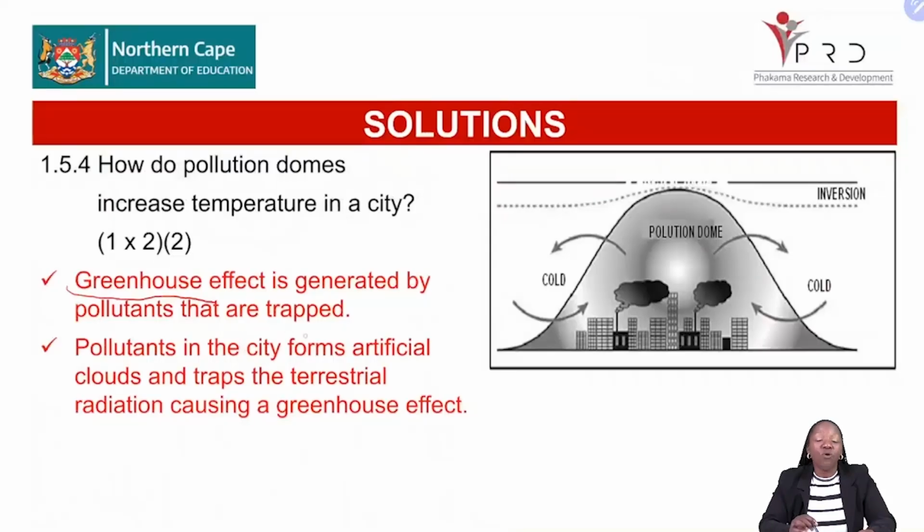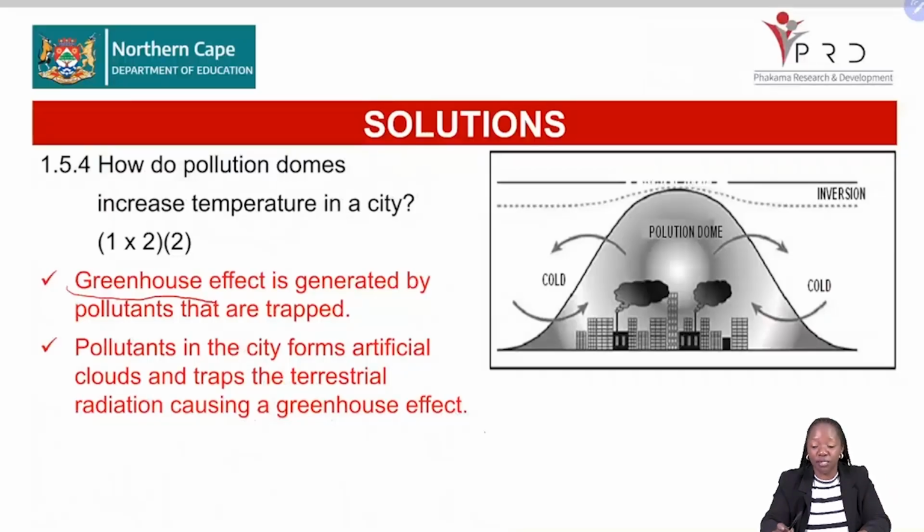Then secondly, the pollutants in the city form artificial clouds that trap terrestrial radiation, which is causing a greenhouse effect. So most of all, it's because of the greenhouse effect that the temperature in the city will increase.